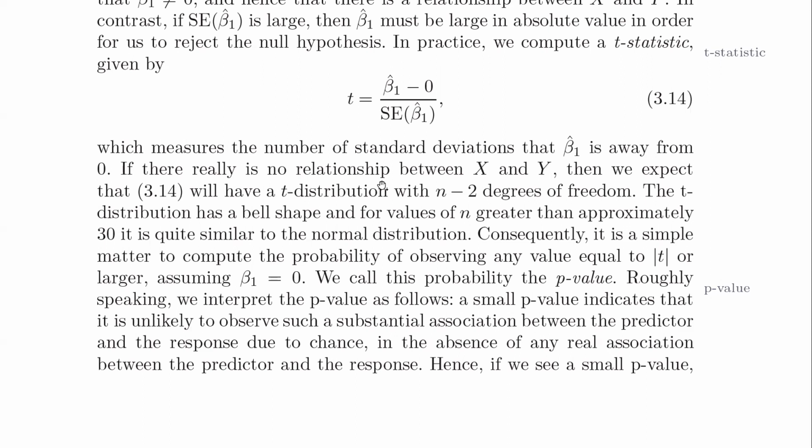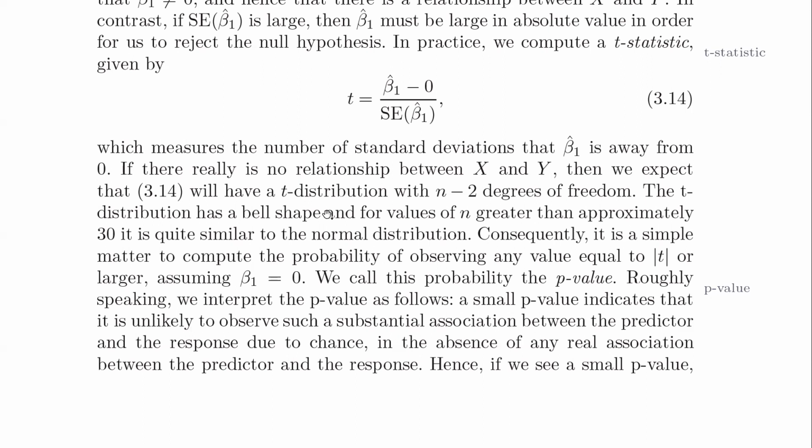If there really is no relationship between x and y, then we expect that 3.14 will have, now this is going into statistics which we haven't introduced yet, we'll just read it, a t distribution with n-2 degrees of freedom.